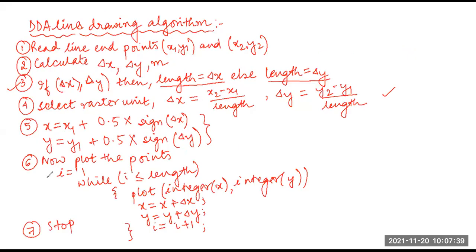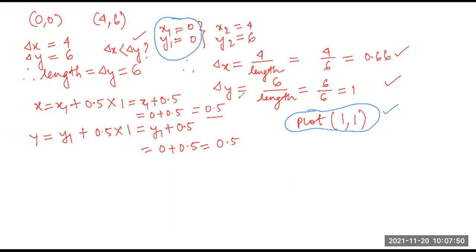It said now start from I equal to 1 and continue this section of my loop till I is less than or equal to length. What is the value of my length variable? 6, right?